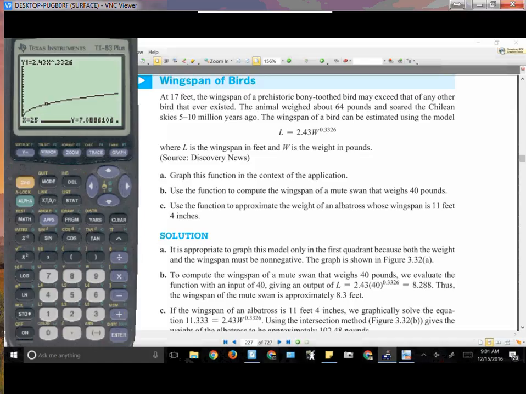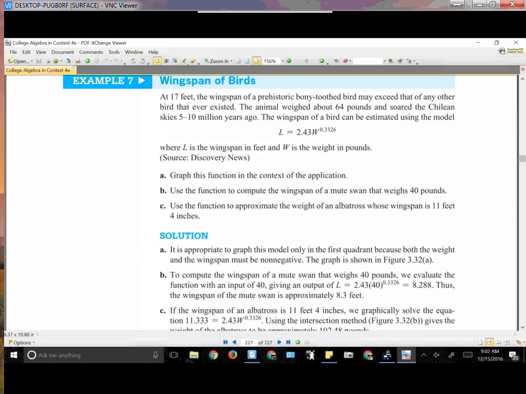Is that realistic on a turkey? Does a turkey fly? It does not. So again, it's an estimation. You'd have to do a lot more modeling out there, collect birds, measure their weight, measure their wingspan in order to develop this kind of formula.